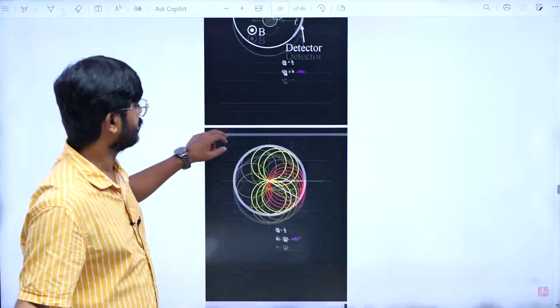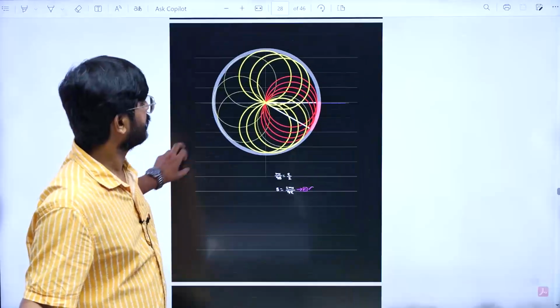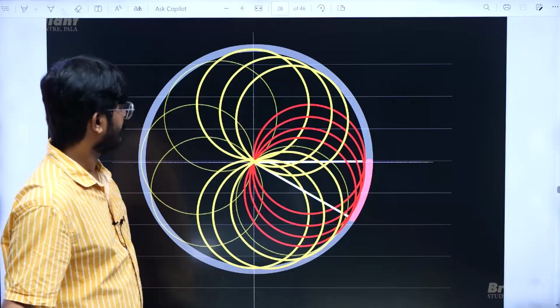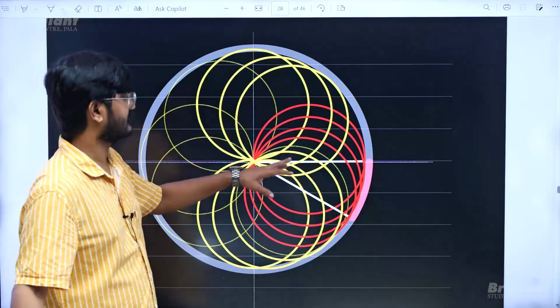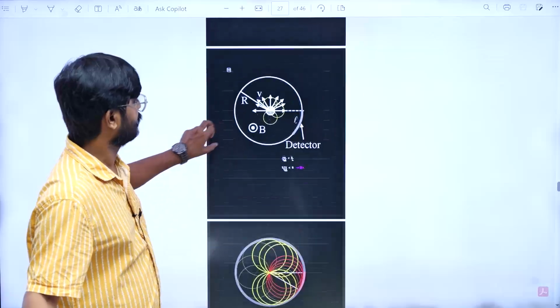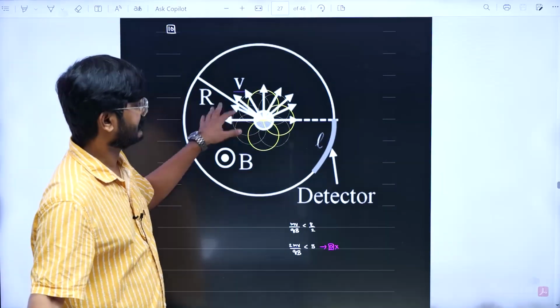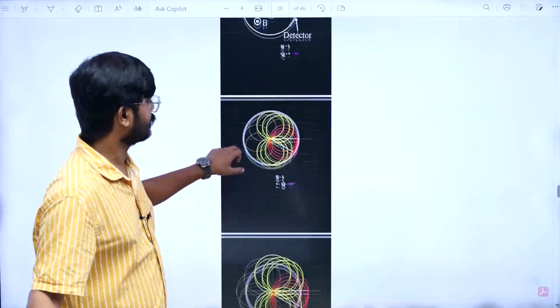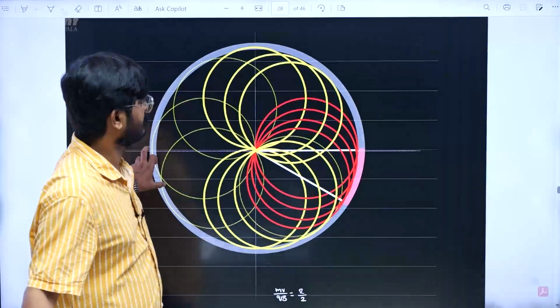Now if you keep reducing the magnetic field, there will be a situation like this. The darkened ones are the only ones that are actually there. The lighter ones I have just drawn for my understanding, if there are particles in all the directions. But if there are particles only in the upward direction, those particles are going to perform only these circular motions.